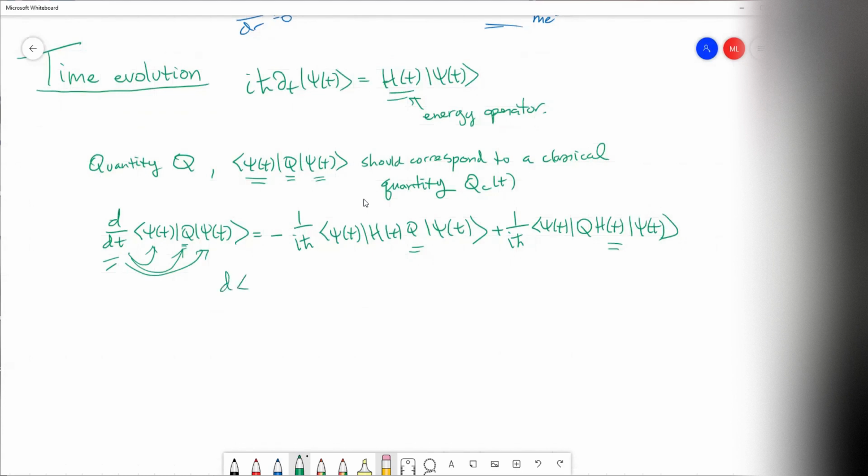basically what amounts to a version of the Heisenberg equation of motion. You can use this kind of stuff to derive. If, for instance, these bras and kets let you do everything.